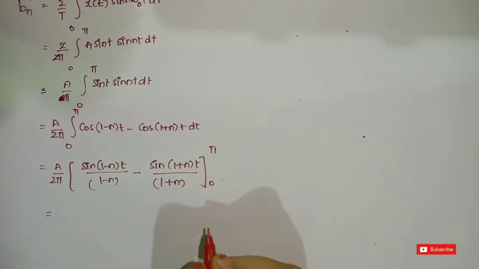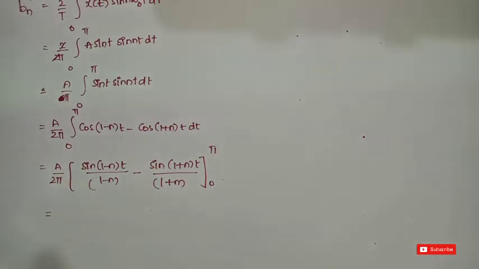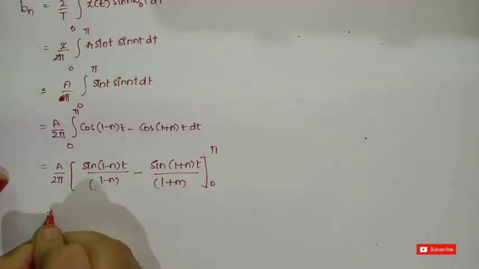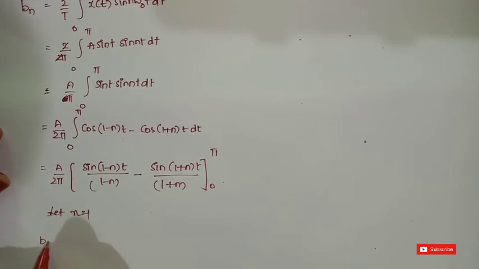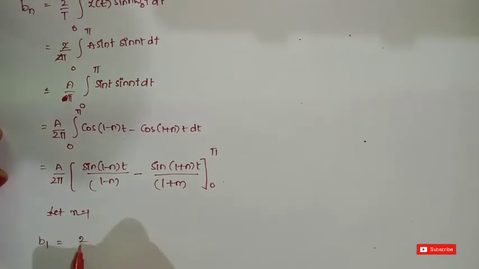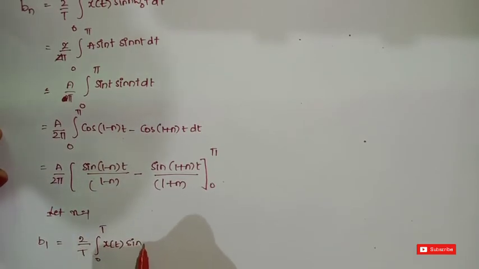If you observe one thing, for all values of n, bn is equal to 0. So this is not acceptable. For this, let us find out the value of bn if n is equal to 1. Consider n is equal to 1. So b1 is equal to 2 by T integral 0 to T x of t sine omega naught t dt.